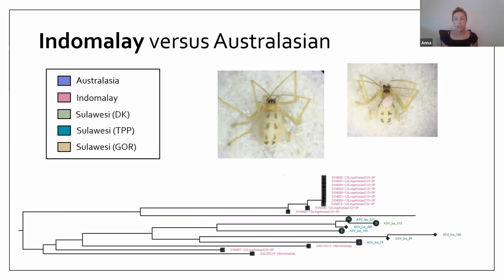So we see some evidence that Sulawesi spiders, similar to vertebrates, may have a mixed origin, a transitional zone where some Australasian taxa exist as well as some Asian taxa. So it's cool starting to see these patterns. It's a very preliminary look, but this can guide further phylogeographic analyses where we look more closely at these clades of interest.